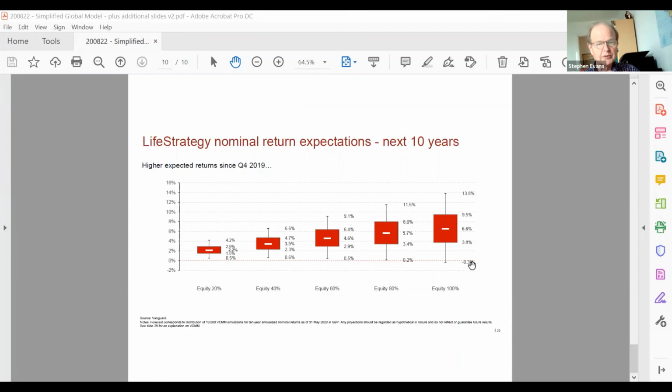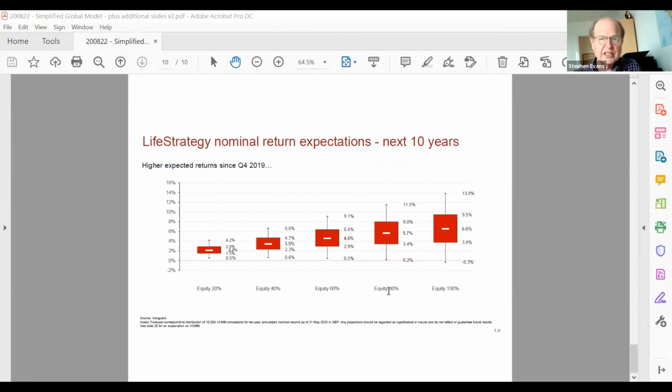If you went up to 100% equity, you get a higher expected return of 6.6% per annum, but with a greater level of variability in the outcome. So as you increase the equity content, you increase the volatility, the risk, and also the expected return.